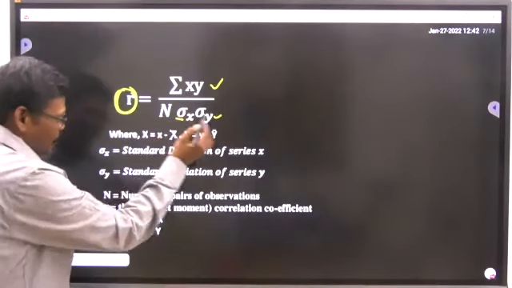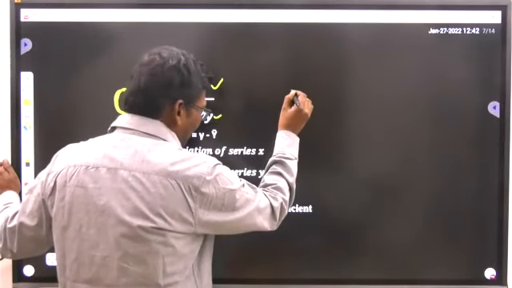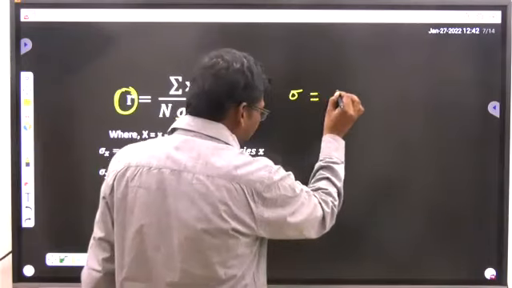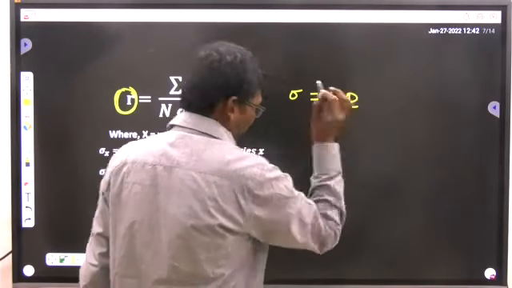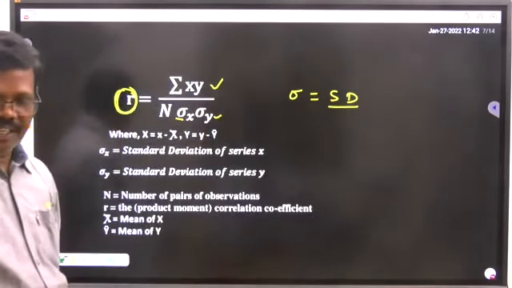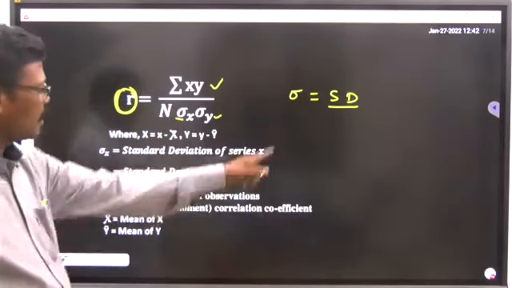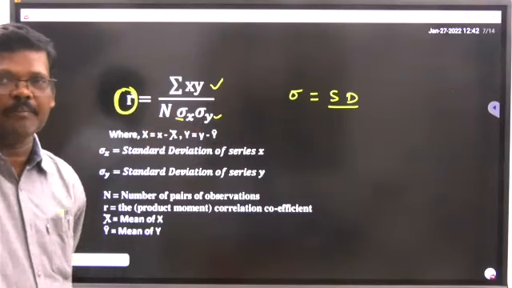This is read as sigma. Please remember, it explains the standard deviation. This sigma is nothing but standard deviation.